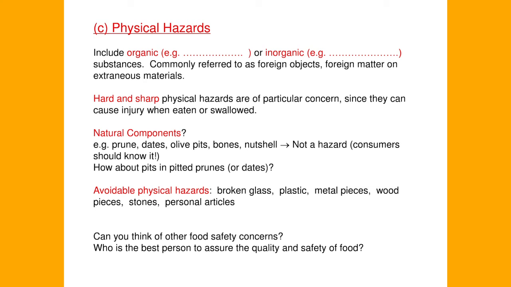Should also be able to think of other food safety concerns other than all these 3. Yeah. And of course, because you know all these 3 hazards, you are the best person to assure the quality and safety of food. Your friend from School of Biology, School of Chemistry, even School of Physics, they have no clue how to control these 3 hazards.